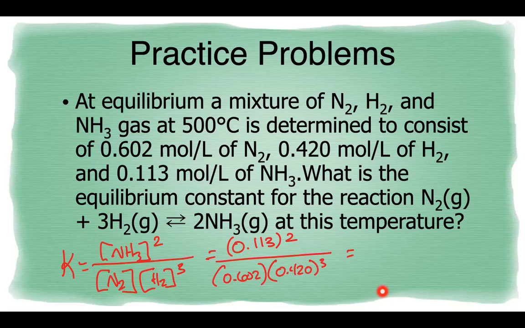Get out my calculator. 0.113 squared divided by 0.602 times 0.42 cubed. Put my bracket in the wrong place. And I get 0.29. Is that right? Yeah, 286. Easy peasy, right?